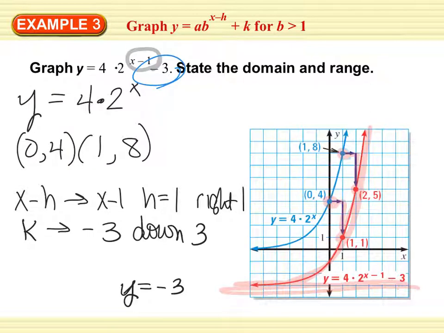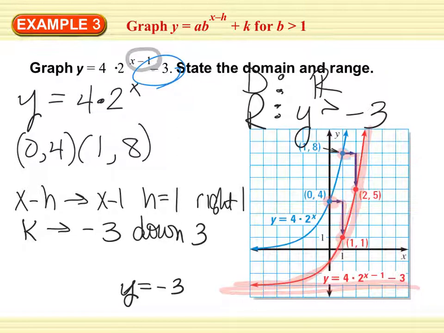Therefore, our range, y has to be greater than negative 3, and our domain is all real numbers. I can input anything into that equation, but the range I get out is greater than negative 3.